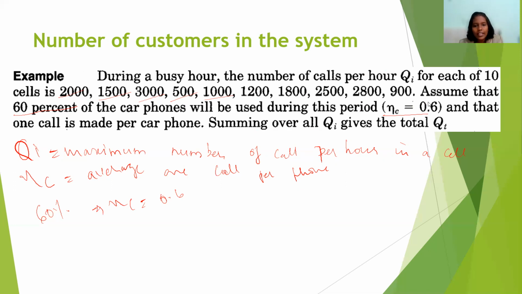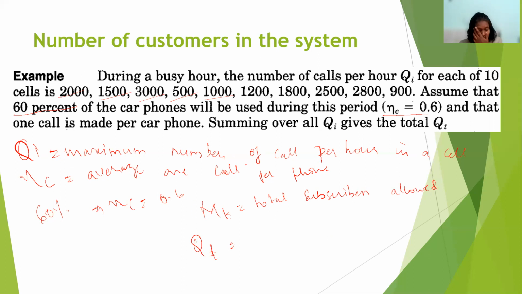What actually we need to calculate is MT, right? The total allowed subscriber traffic we need to find out. So here what we need is MT. MT means total subscribers allowed. We need to calculate. For that, first we need to take QT.